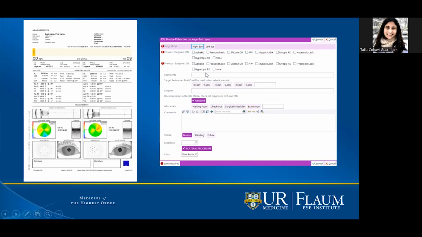They need to know what the target refraction is, so they know what to calculate for. And then we can put more information in here about contact lenses, told the patient to be out, and so forth. It's a lot to look at, but it's all really important information for the diagnostic team in order to make sure that they're getting the biometry done correctly.